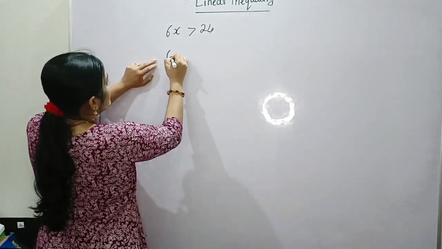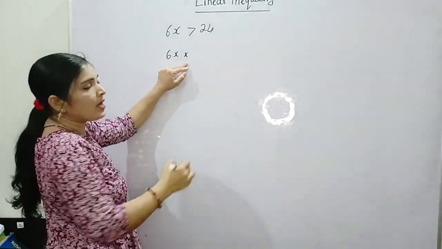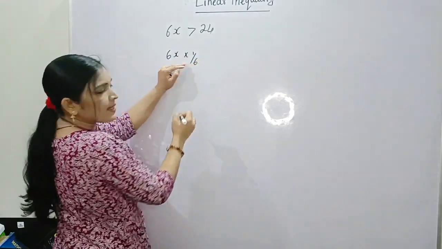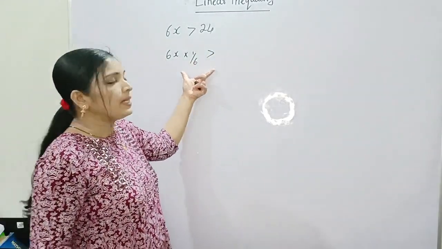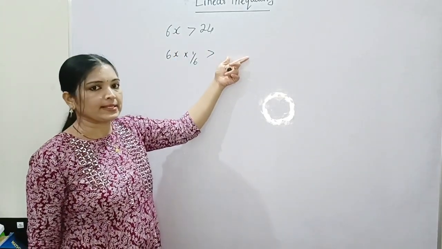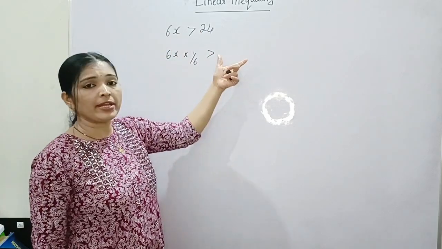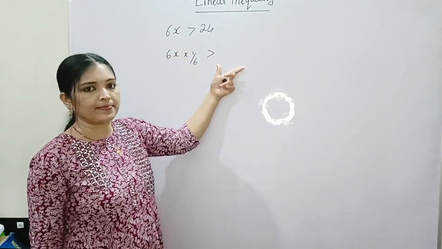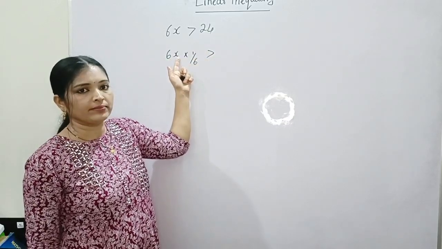First step: we will multiply both sides by 1 by 6, or divide throughout by 6, so that we get x with coefficient 1.